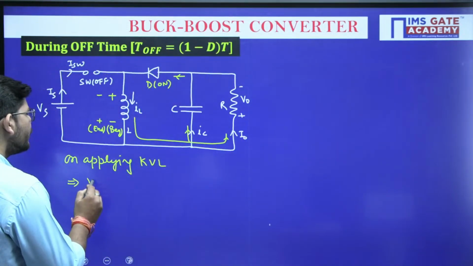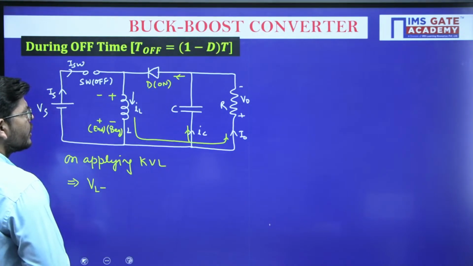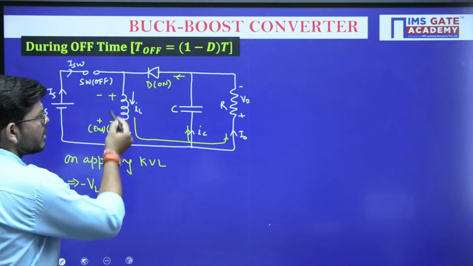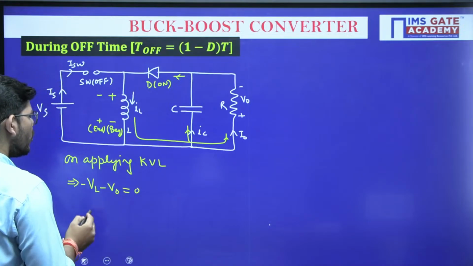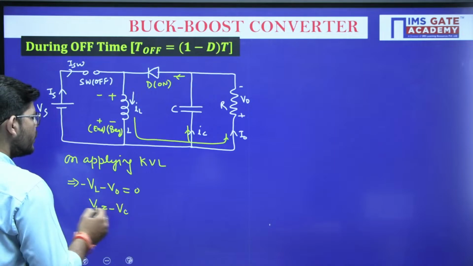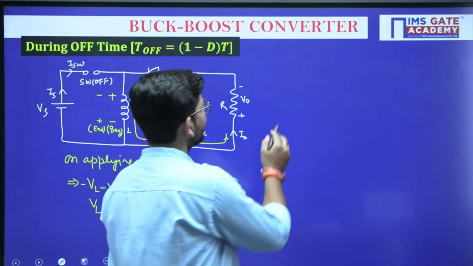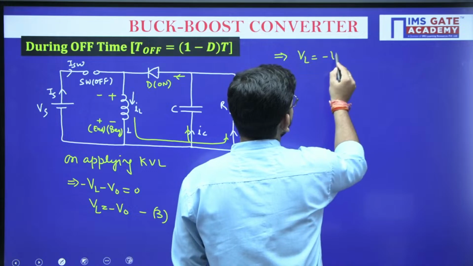So if we apply KVL, we get minus VL, with the reference polarity, minus V naught, equal to 0. That is, VL is equal to minus V naught. Let me call this equation number 3. So what we have obtained here is that VL equals minus V naught.